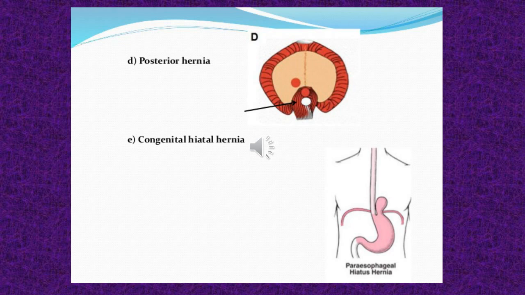The other one is congenital hiatal hernia. Hiatal hernia can be of two types, congenital or acquired. In the congenital type, it is due to the persistence of the embryonic peritoneal process in the posterior mediastinum in front of the cardiac end of the stomach.